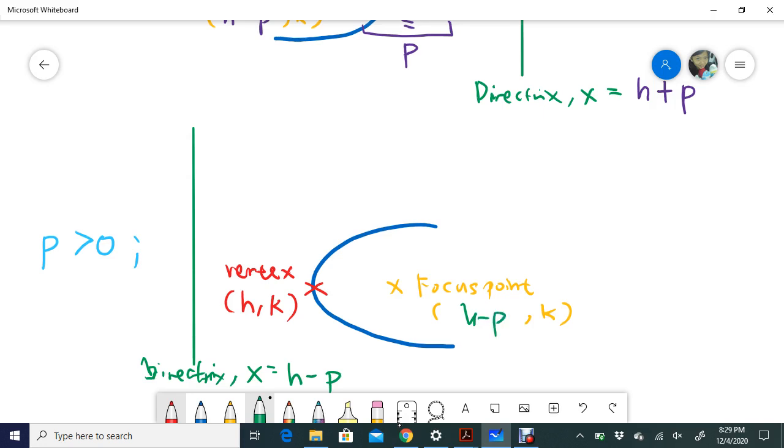If the question asks you to draw, you may need to include your symmetrical line with a dotted line.